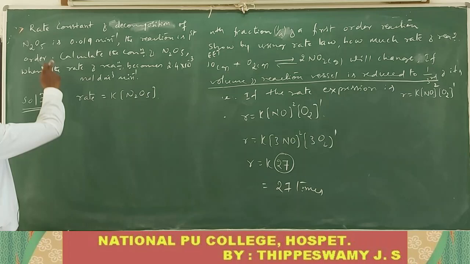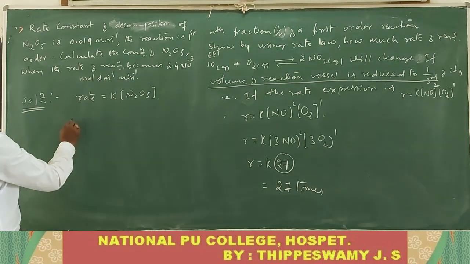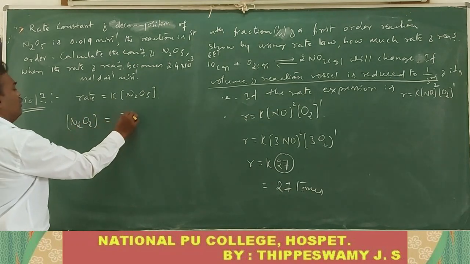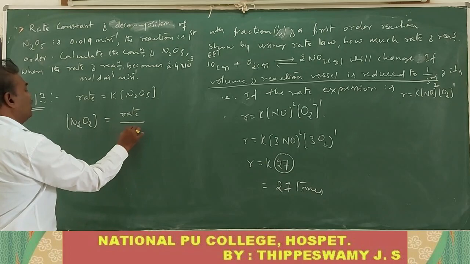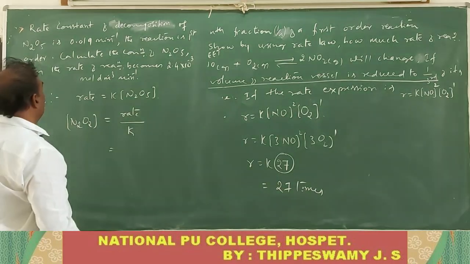Now what does the question ask? Calculate the concentration of N2O5. So you write like this: molar concentration of N2O5 is equal to rate of reaction divided by the rate constant K. Now can you tell me what rate is given here?